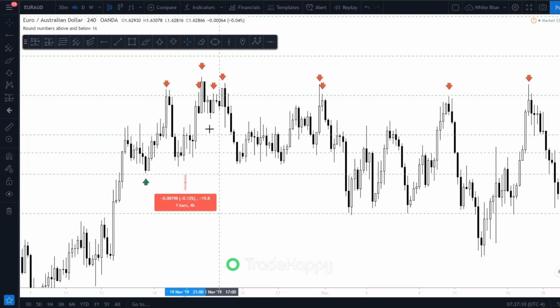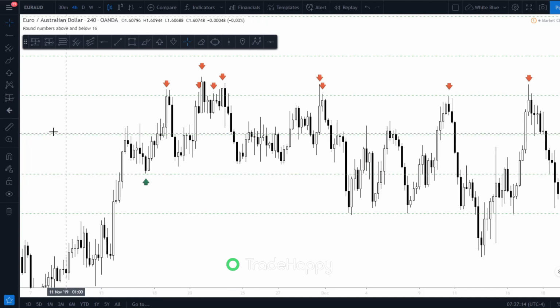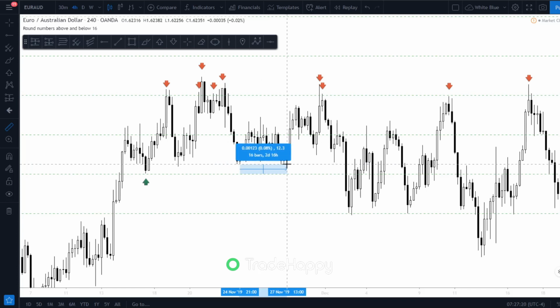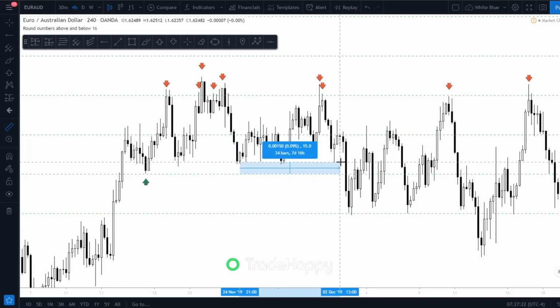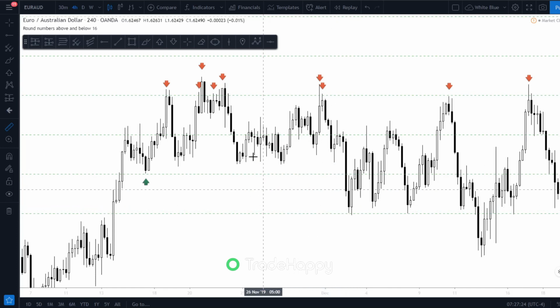So there. And that's basically what I look for. So obviously you've got some more here, which is 13 pips, 12 pips, 15 pips, but that's all around this round number.